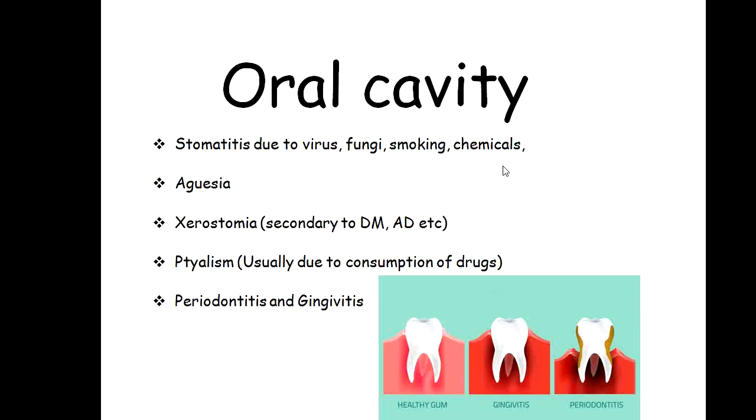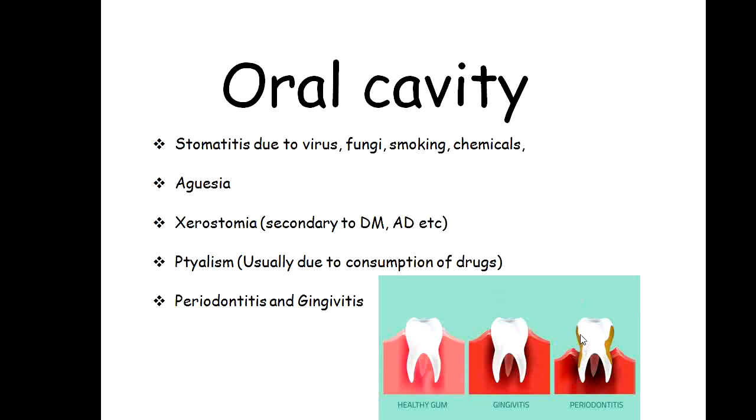In periodontitis, there is destruction of the tissue around the teeth, inside the gum, this portion and this portion. The tissue which surrounds the teeth gets destroyed, and the teeth which are in contact with the gum also get destroyed.